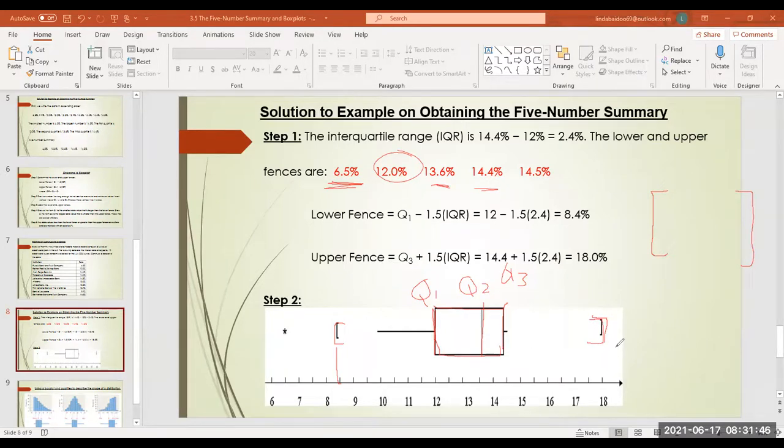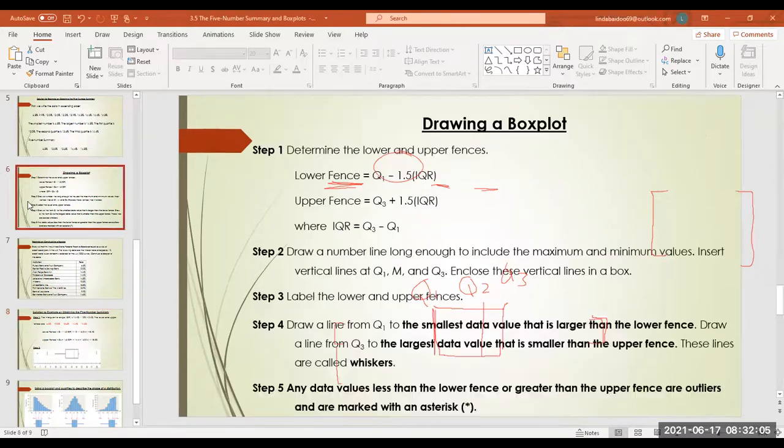Then the fourth step, if you are following the steps of drawing our box plot, says that we draw a line from Q1. This is our Q1. We are going to draw a line from Q1 to the smallest data value that is larger than the lower fence.